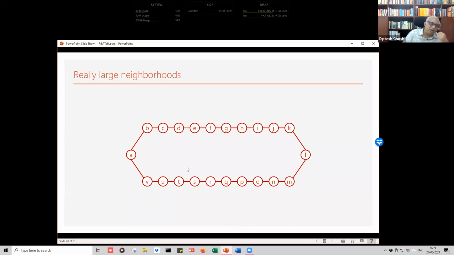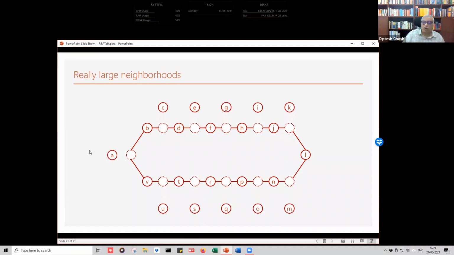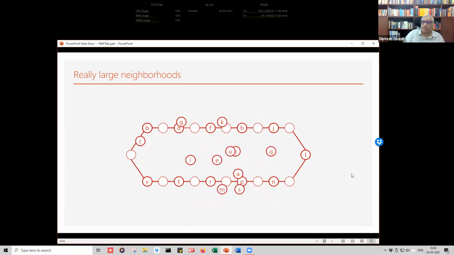One way of looking at it is that I take every alternate point, say A, C, E, G, I, K, and so on, and then I look at mixing them up. I take all of the points in the odd positions and mix them up, and I get a neighbor.